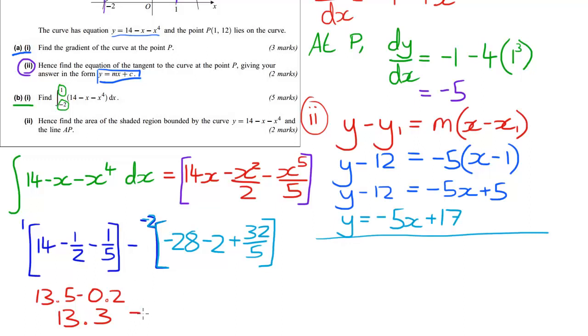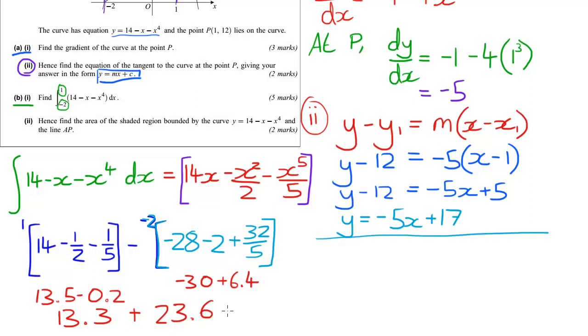Then we're going to be taking away minus 28 minus 2, which is going to be minus 30, and then plus 6.4, so that is going to be minus 23.6, so plus 23.6.